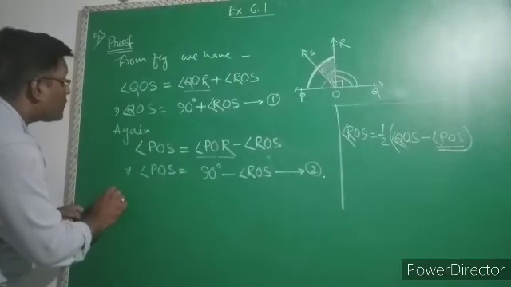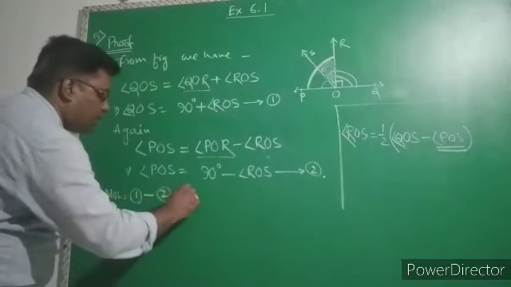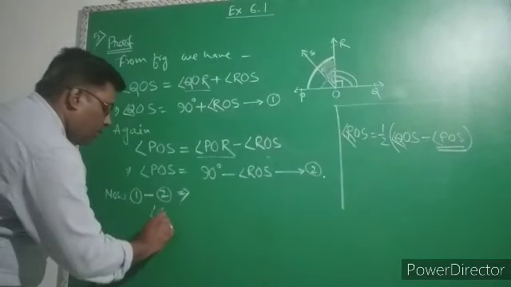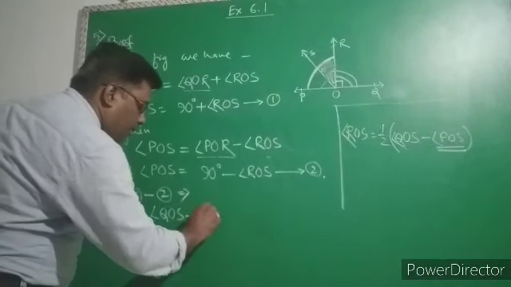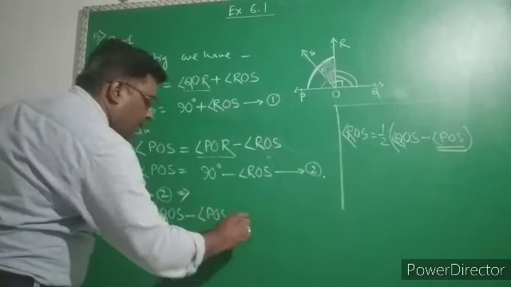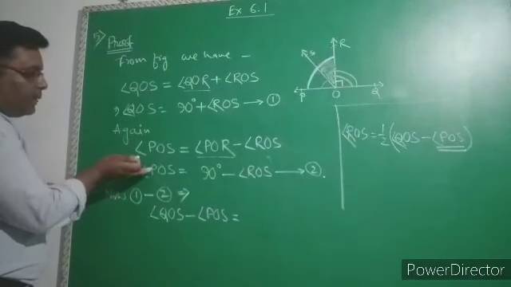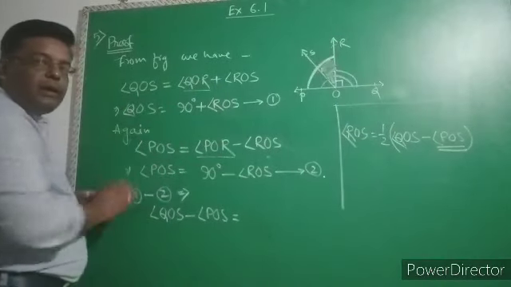Now 1 minus 2 implies, that is subtracting equation number 2 from 1, angle QOS minus angle POS. When you subtract one equation from another, we have to subtract the left hand side from the left hand side and the right hand side from the right hand side.